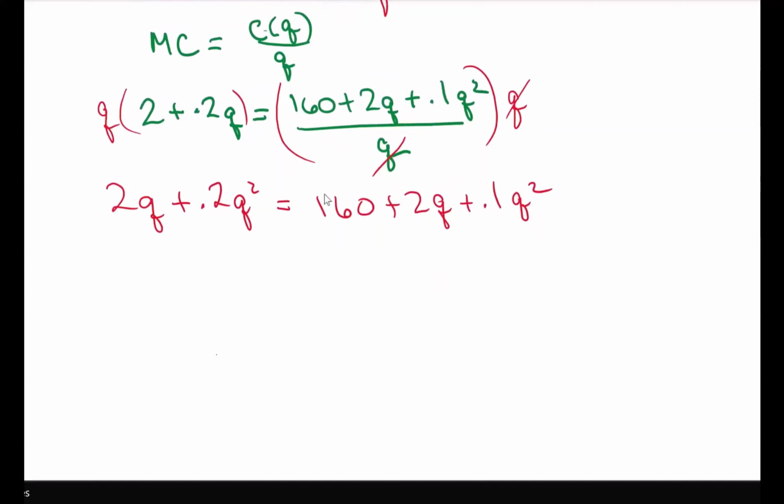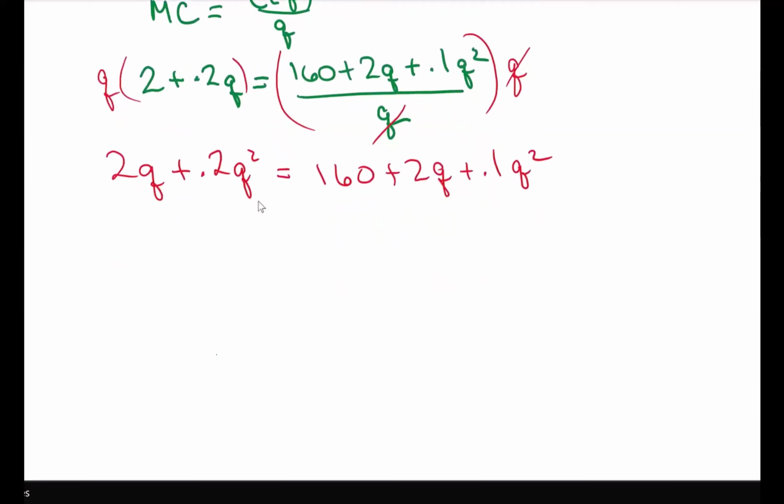Now I have to set all this equal to 0 because this is a quadratic. Whenever I have a quadratic, I have to get all the terms on one side set equal to 0 and try to factor if I can factor, or use the quadratic formula if I can't factor.